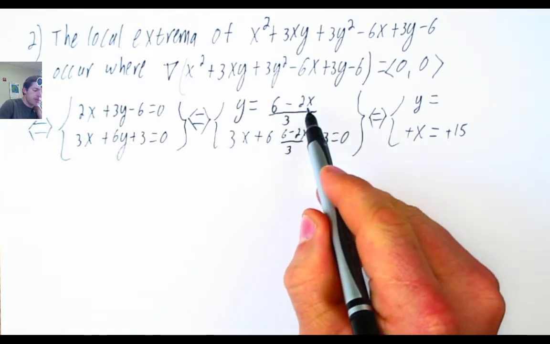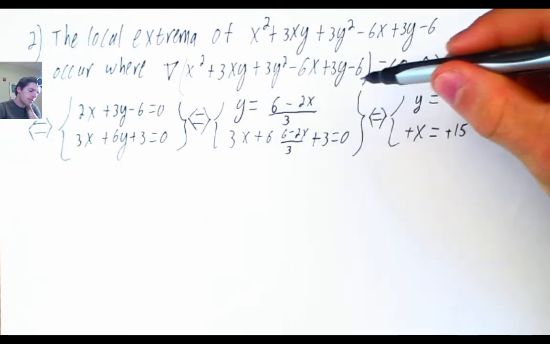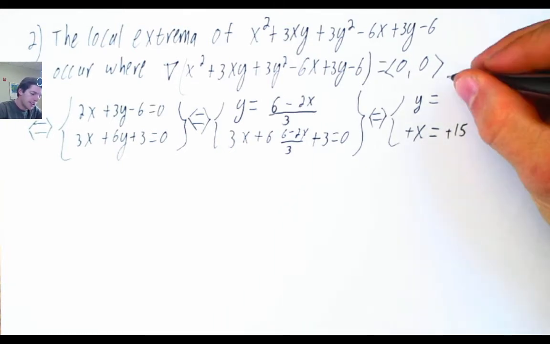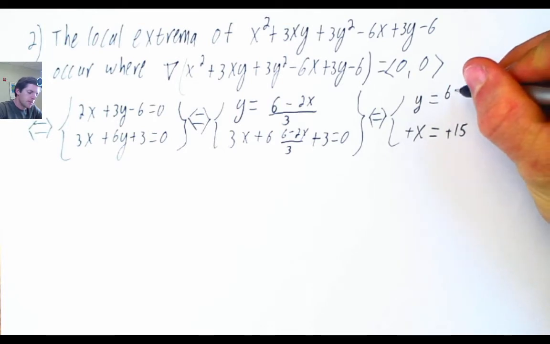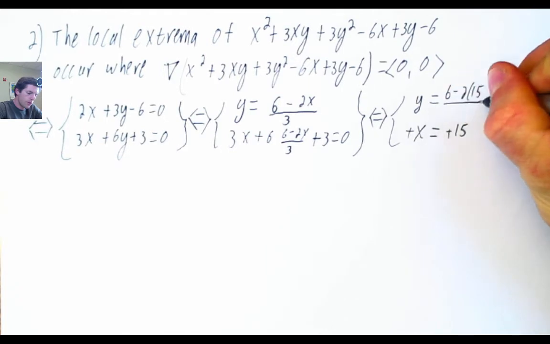6 minus 2 times 15. That is 6 minus 30. 6 minus 30 is negative 24. Negative 24 over 3. I don't know, I got lost. 6 minus 2 times 15 over 3.